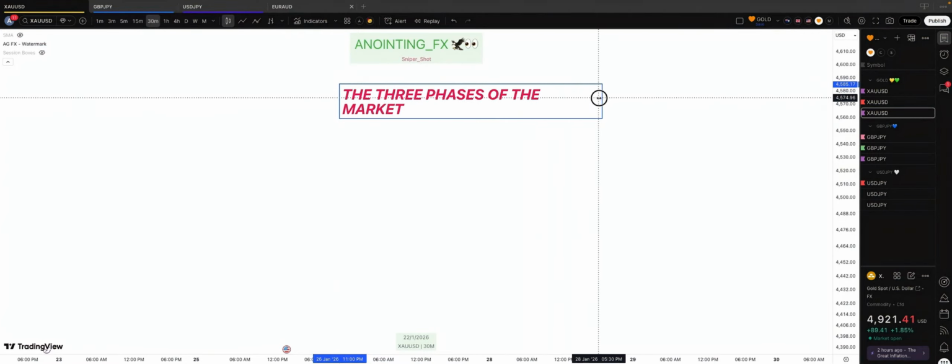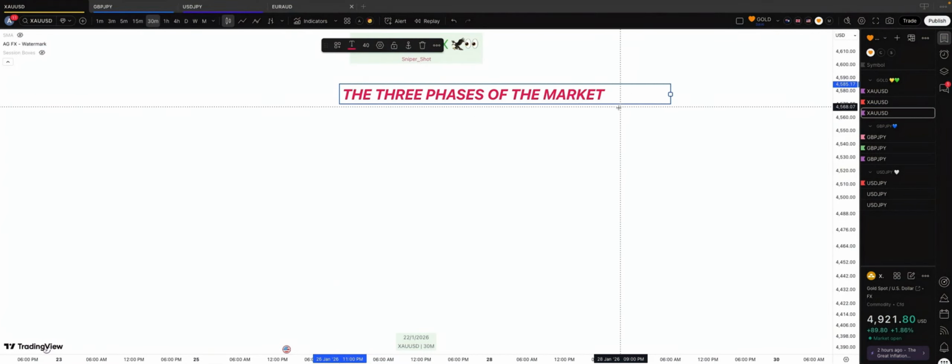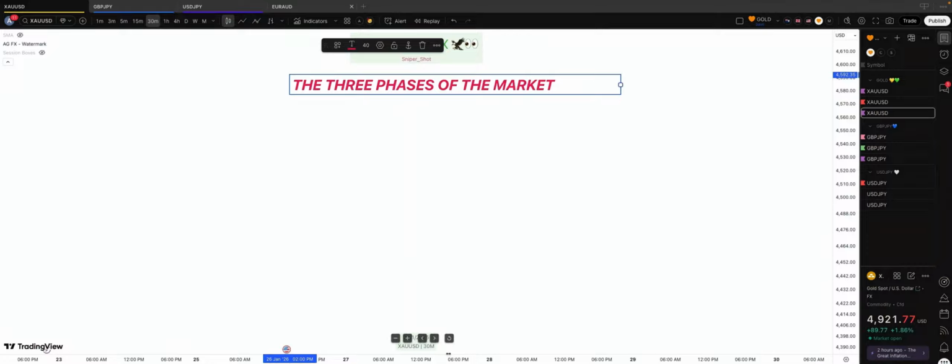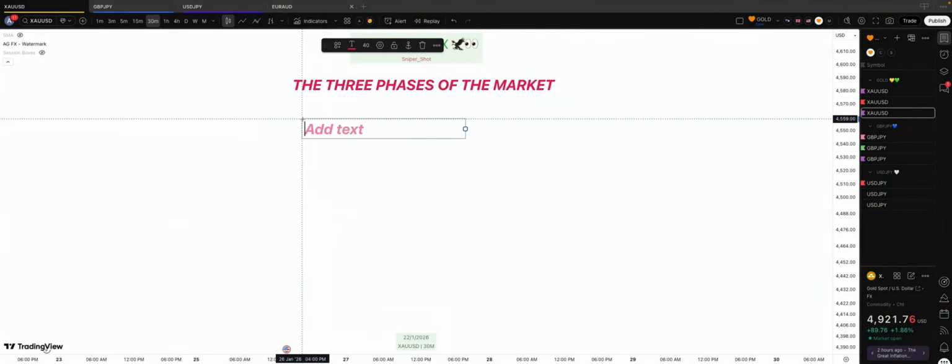So the first one is the market moves in an impulsive phase, or impulsive movement. So the market gives us impulsive movements. Impulsive movement or phase.